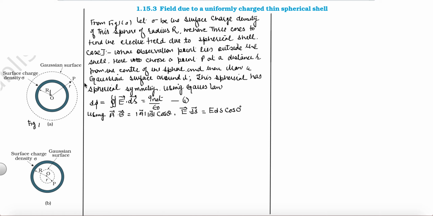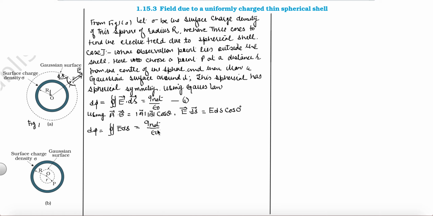In the diagram the electric field points outward, and a small part ds of the Gaussian surface has the same direction, so the angle between them is 0. So integral of E ds is equal to q, the net charge enclosed, divided by epsilon 0.